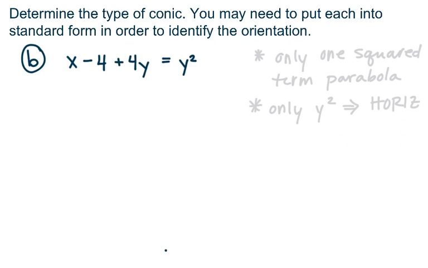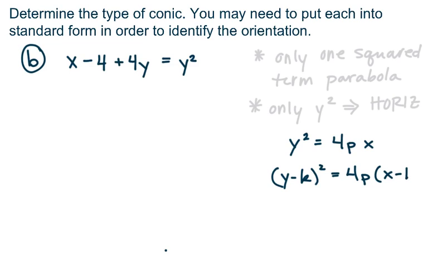So our standard form for a horizontal parabola is going to be y minus k quantity squared equals 4p times x minus h. So I need all my y terms on one side of the equation. I'm going to rearrange it to organize it in this fashion.